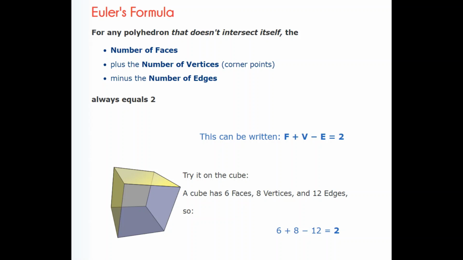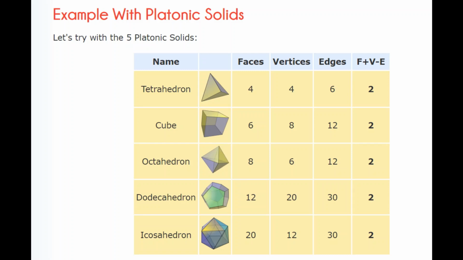So if you wanted to try it on some other ones, I've got some other examples here for you to just cross-check this. Okay? And just showing you here Euler's formula with the faces, vertices, and edges of these other three-dimensional shapes. You can see that all of the answers equal 2.